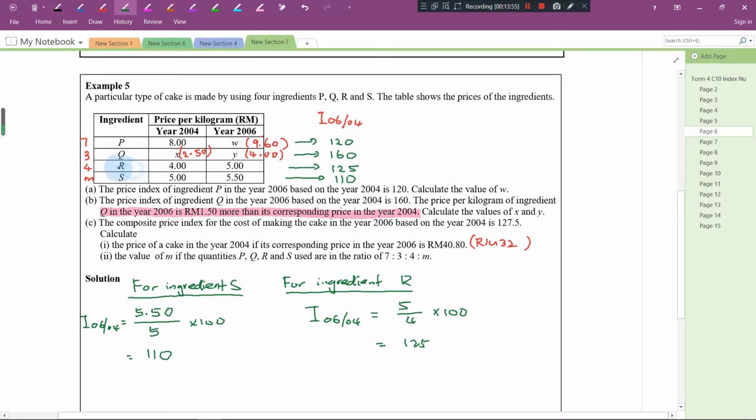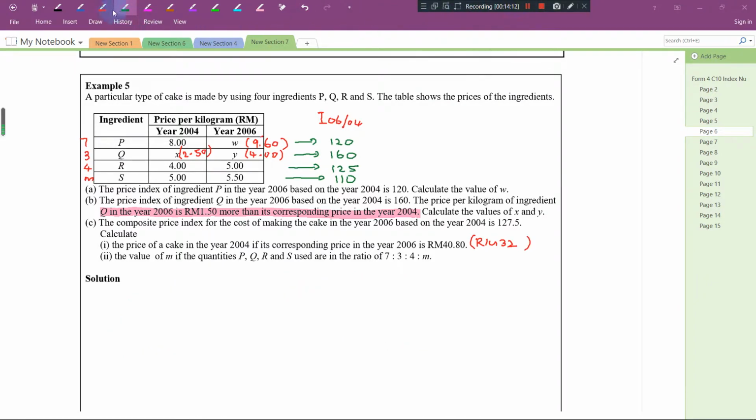Now we have the weightage and we have the index number in the year 2006 based on the year 2004. So we can form an equation and then it helps us to get the value of M. So this is the composite index in the year 2006 based on 2004, it's equal to 127.5.